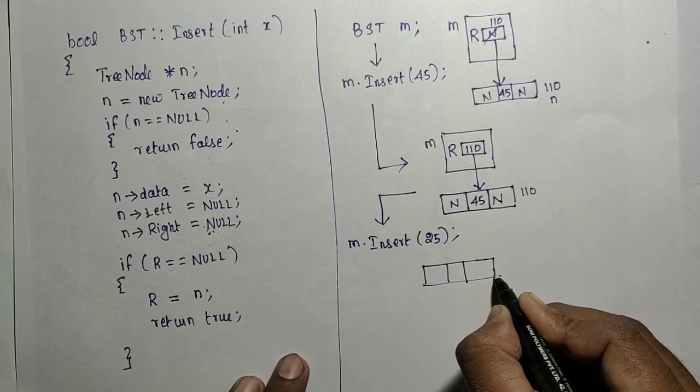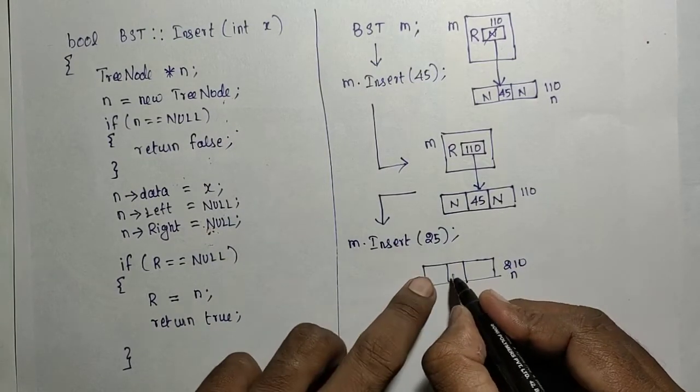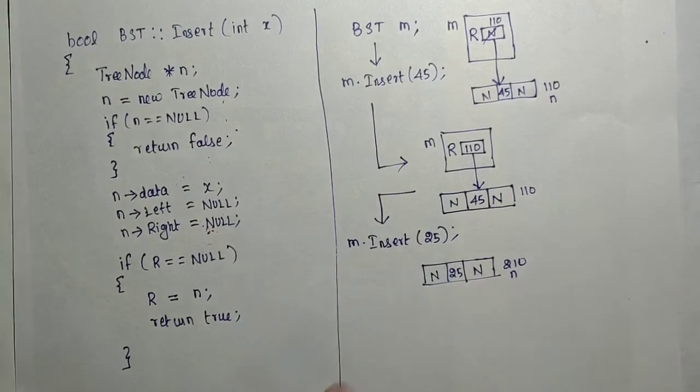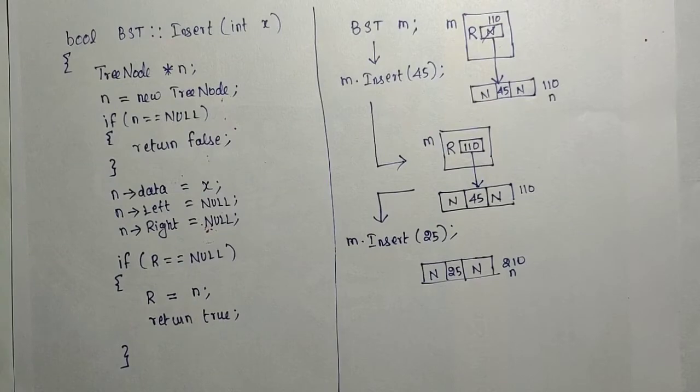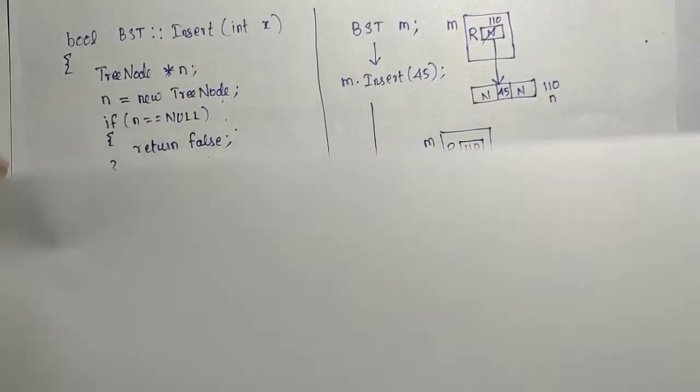Say this is 210, the data is 25, and the left and right are null. Now root r is not equal to null, it has some elements. So then I need to write the procedure.